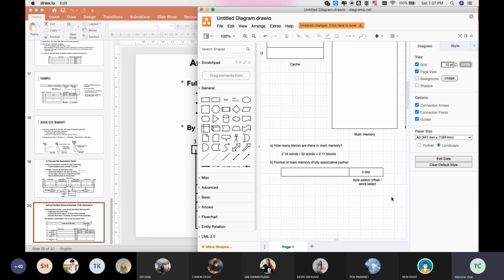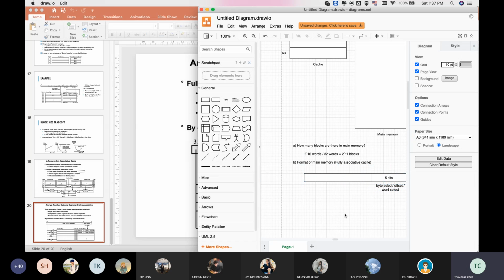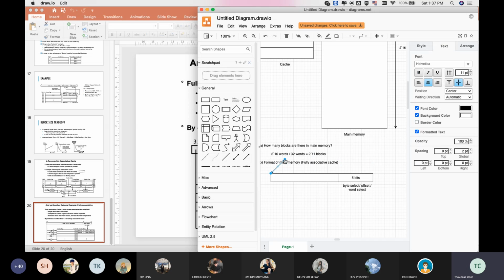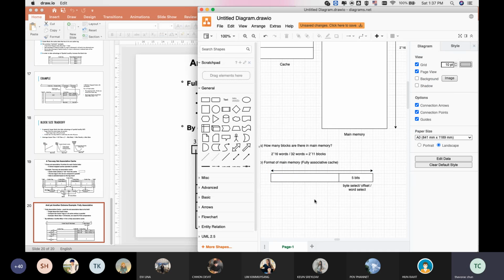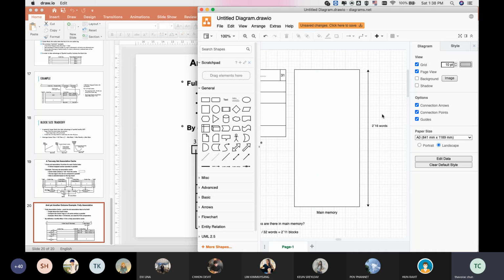Okay, so to find the cache tag here, first you need to find how many bits are required to identify a word inside the main memory, right? By the instruction, we have 2 power 16 words. So we need 16 bits to encode or to identify all the words inside the main memory.